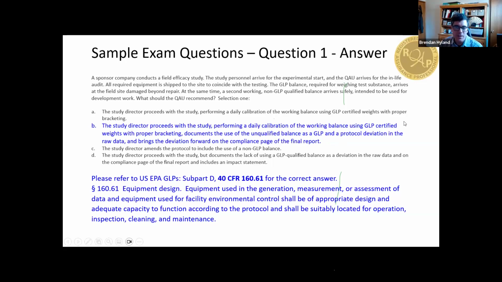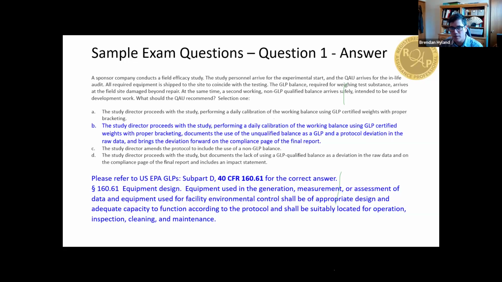But again, I think what this highlights is that we want to choose the most appropriate answer, the one that seems most detailed in terms of the requirements of the GLPs. The EPA GLPs require any GLP deviations in the compliance page, and they talk about GLP and protocol deviations.